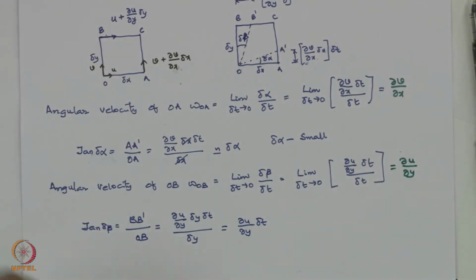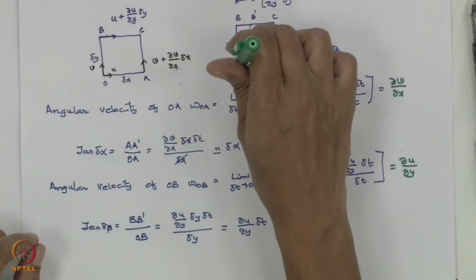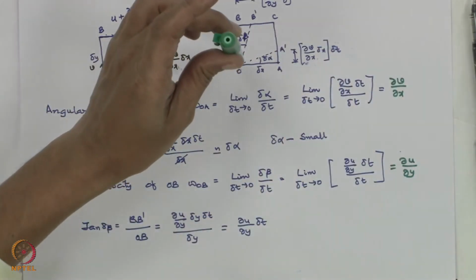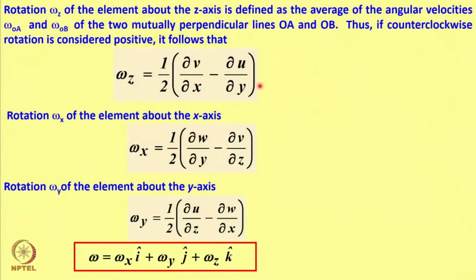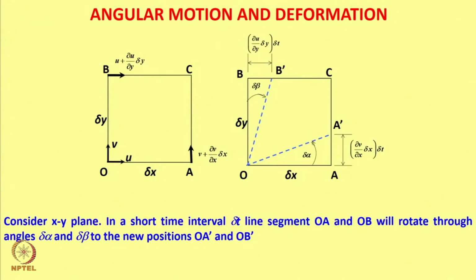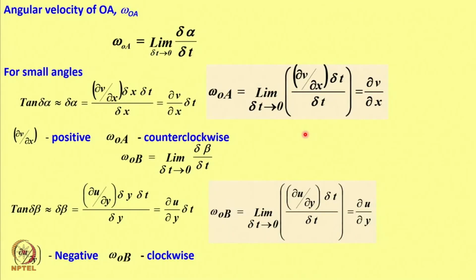Now for the rotation to happen about an axis perpendicular to this paper, it has to be ω_z. ω_z is the average of ω_OA plus ω_OB. But you see, if this is rotating counterclockwise and I take that as positive, clockwise I should be taking as negative.